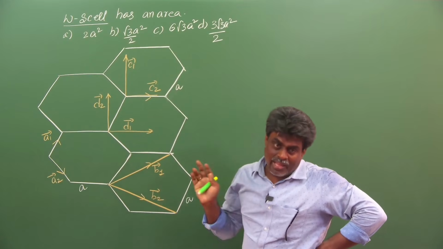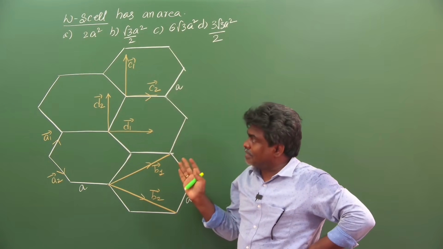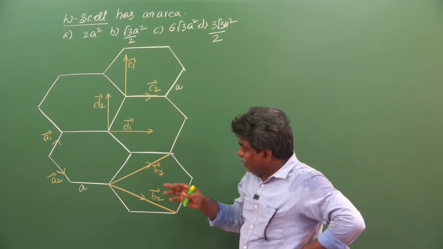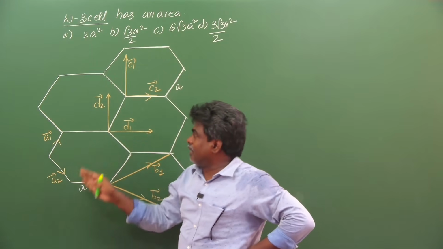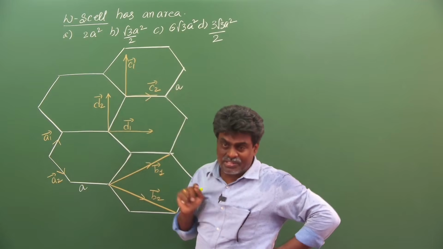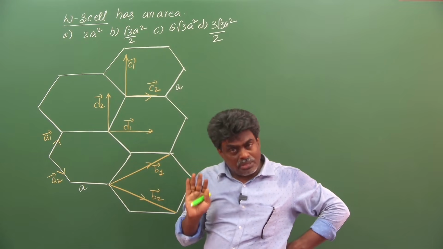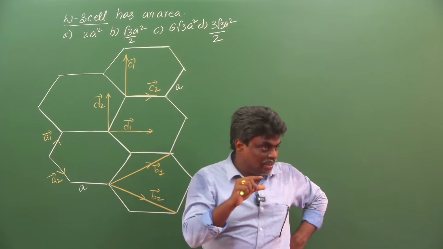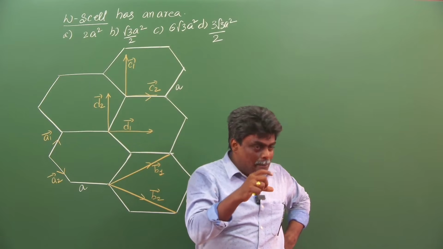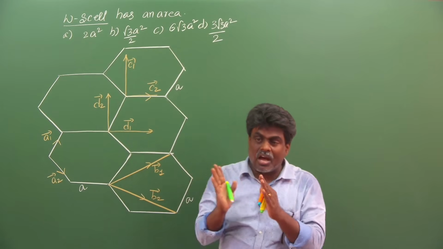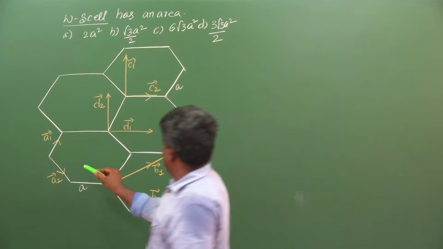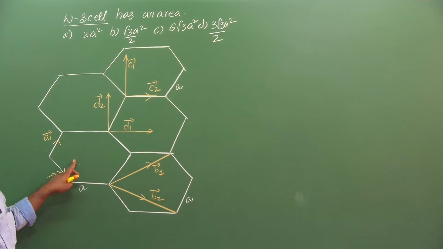Now, with the help of your primitive vectors, in the diagram he has given some primitive vectors: B1, B2, A1, A2, D1, D2, C1, C2. Please observe the diagram carefully: which primitive vectors are giving the minimum area, which are occupying the minimum area? Is it? Yes, sir.